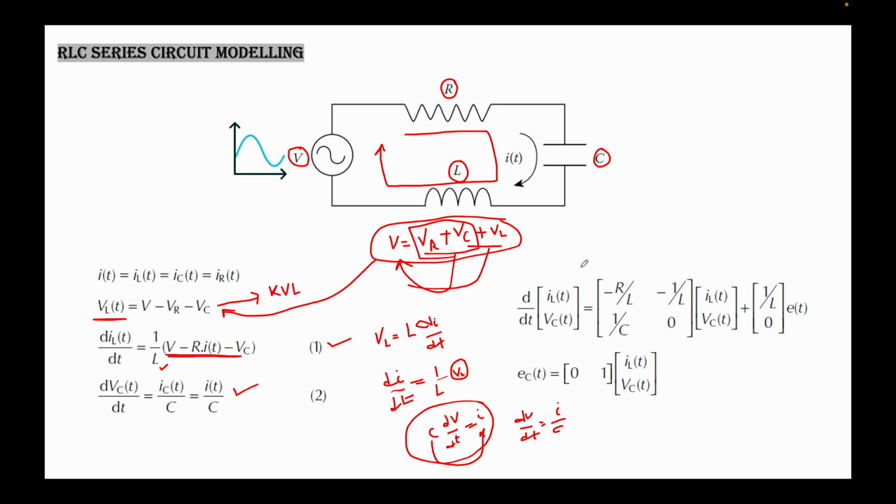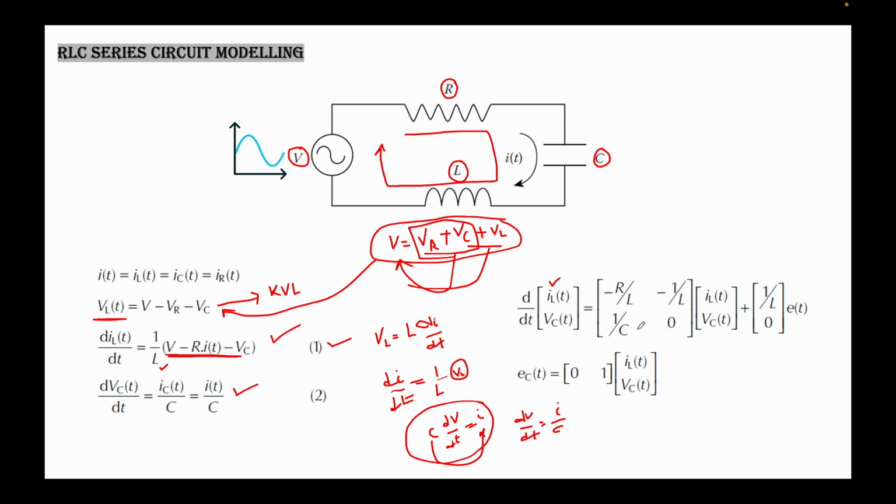Why are we considering the current and voltage in the dynamics? Because these are the two things that change in the circuit, and we need to monitor them because that is the only dynamic part in the system. So we can write it as di by dt equal to this part, whichever is written here.